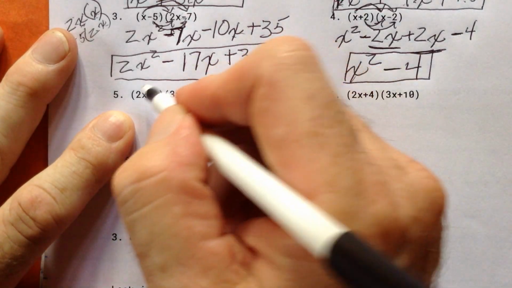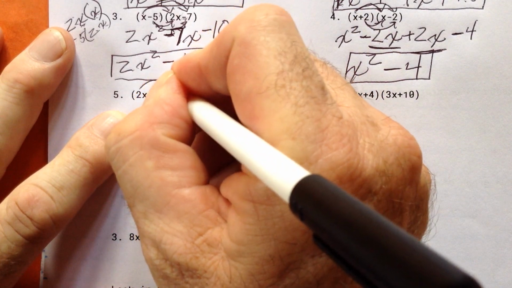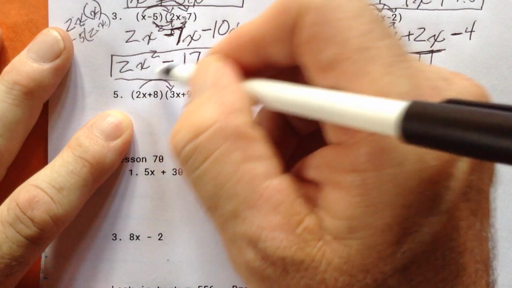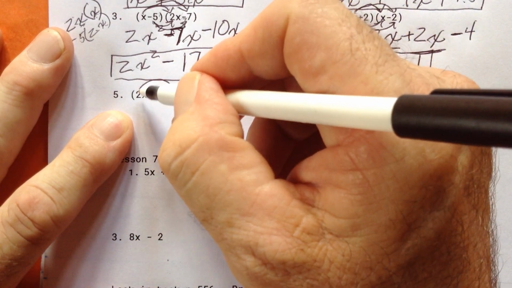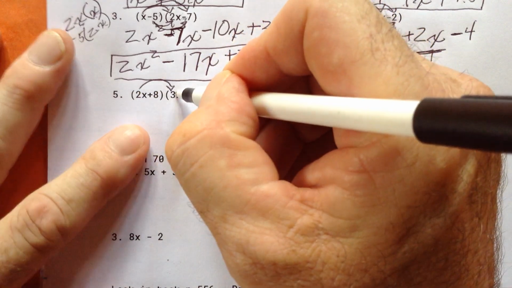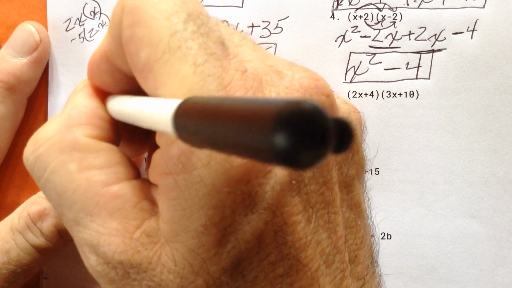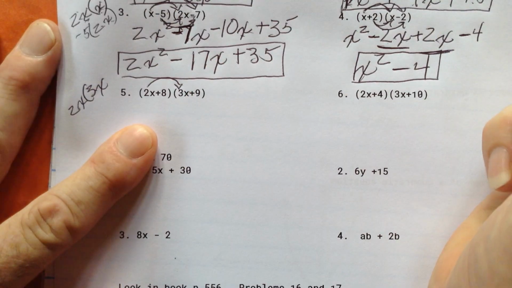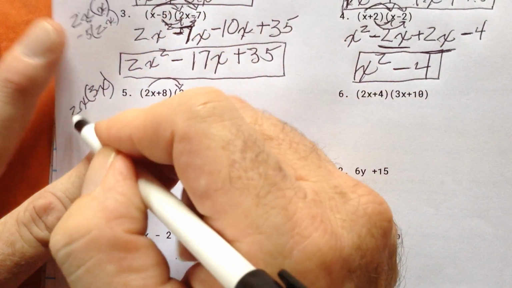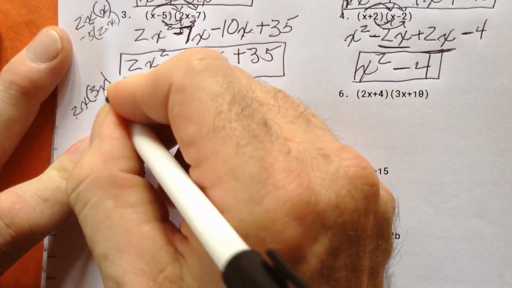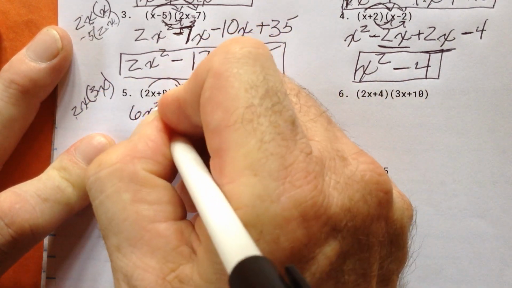Remember, I got to FOIL these. They call it that in the book, or I just use the same term as before, distribute. So here I got 2x times 3x. Well, 2 times 3 is 6, and x times x is x squared.